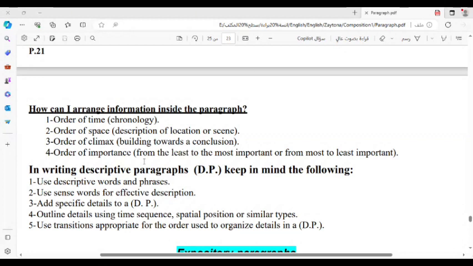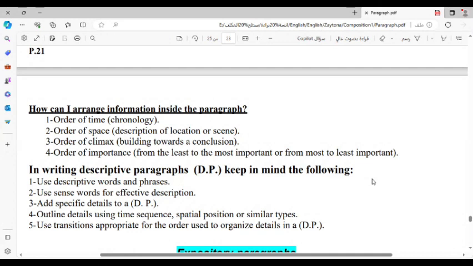And the last one is order of importance, from the least to the most important, or from most to least important. Actually, I prefer this one, from most to least important. For example, I am describing something, so I need to focus first on the main idea or the most important adjective or characteristic of something, then go to the least important one.